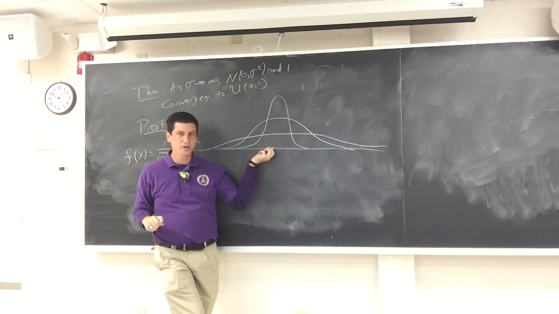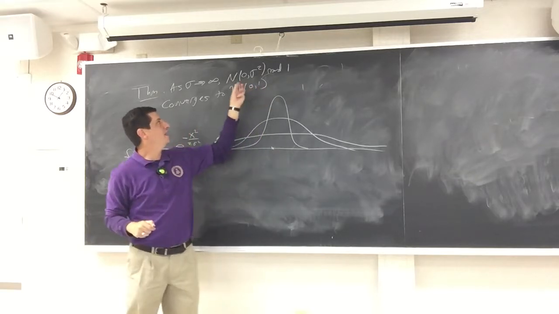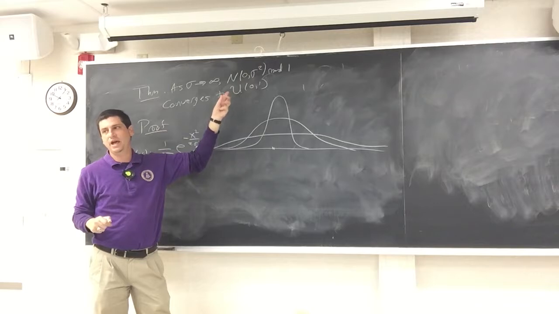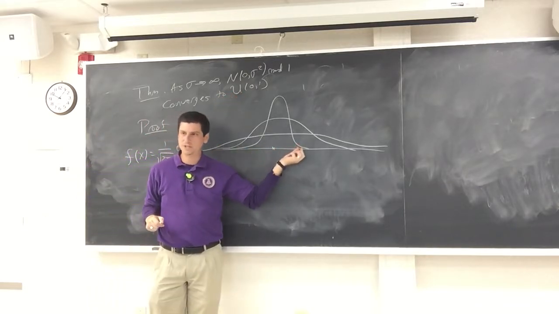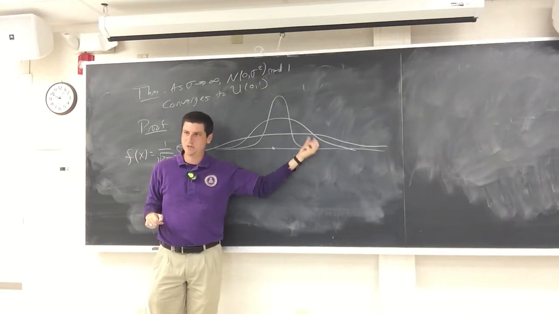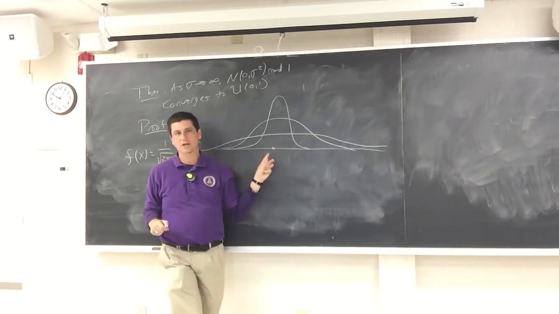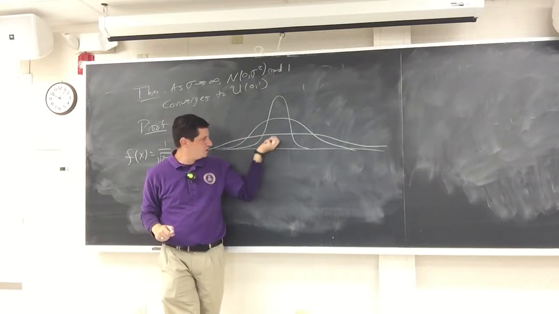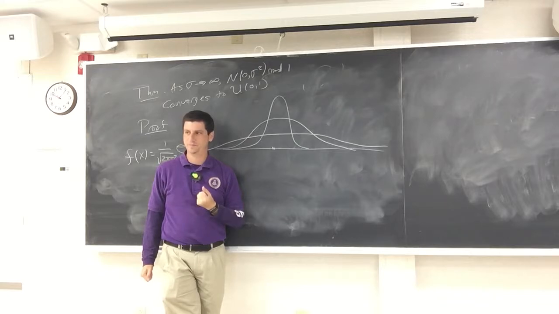And so what we want to do is, if we want to show that it's uniform, we want to show that the probability that we take a value between A and B mod 1, well, we would take a value between A and B, 1 plus A, 1 plus B, 2 plus A, 2 plus B, 3 plus A, 3 plus B, and just sum them all together. And the idea is, well, since each one of these is approximately uniform, when we sum them all, it should be approximately uniform.